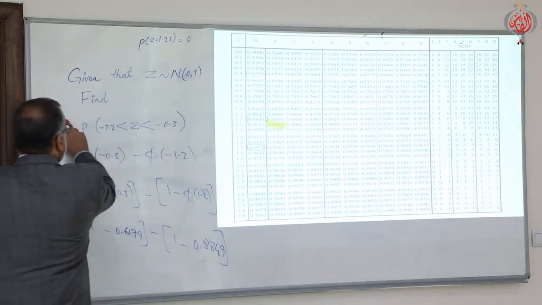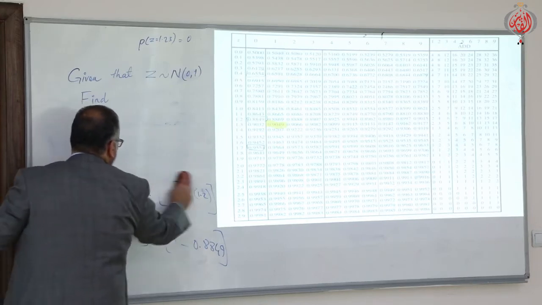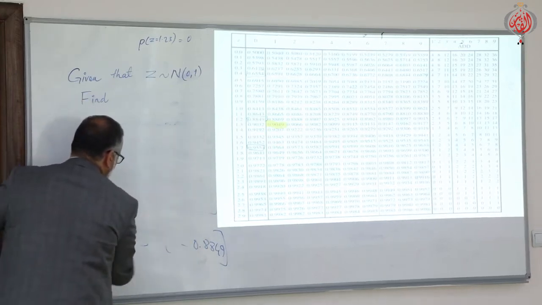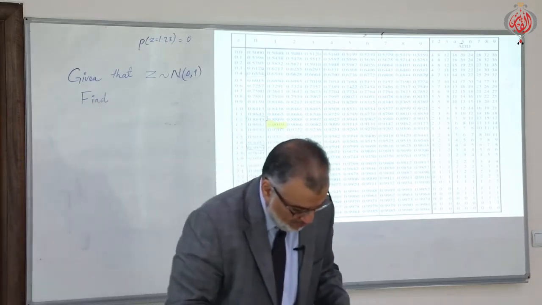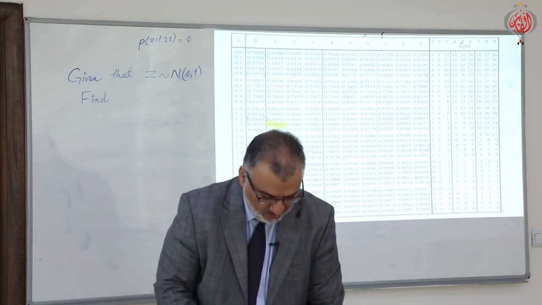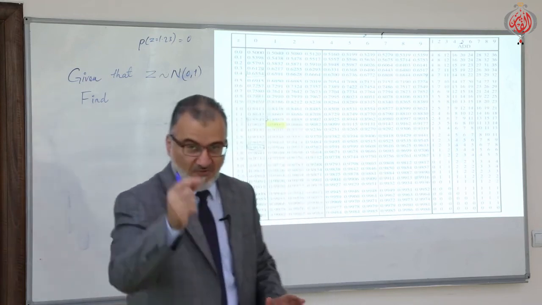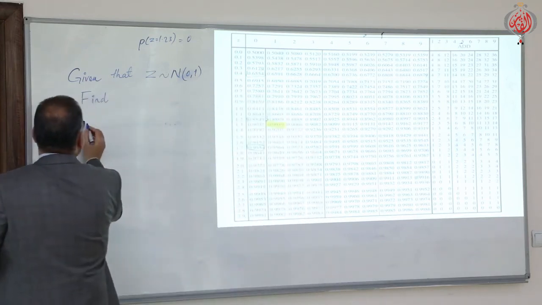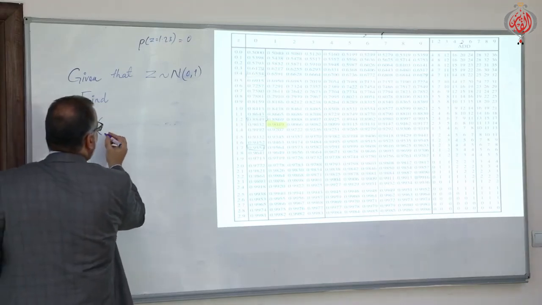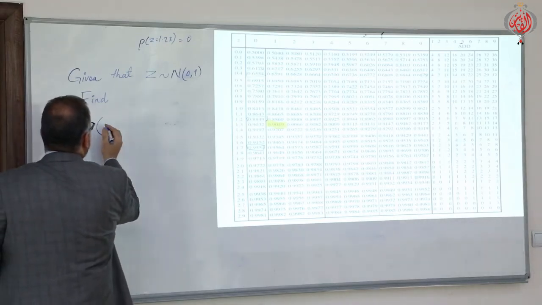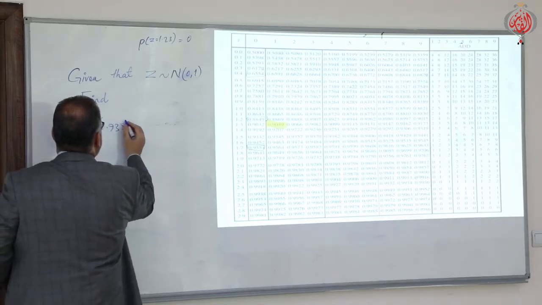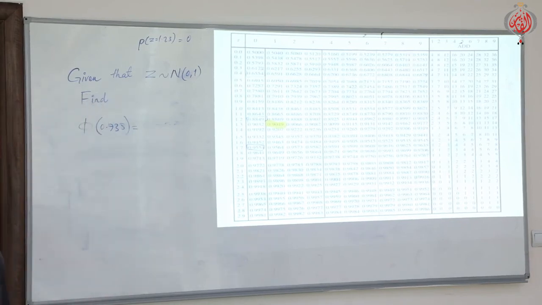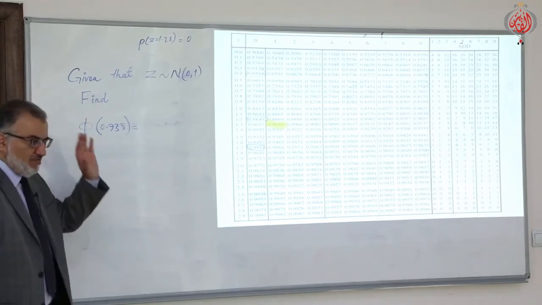Now I will come to the last case, if we have negative and positive. But before that, if I told you to find phi of, let's say, 0.938, I'm emphasizing that meaning.